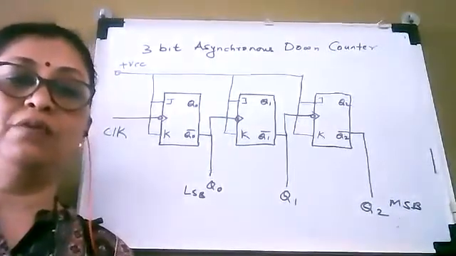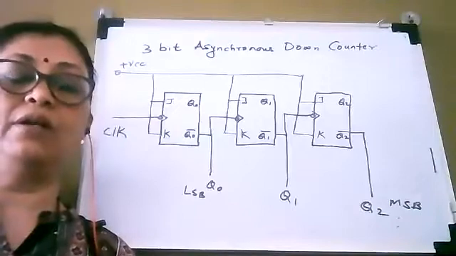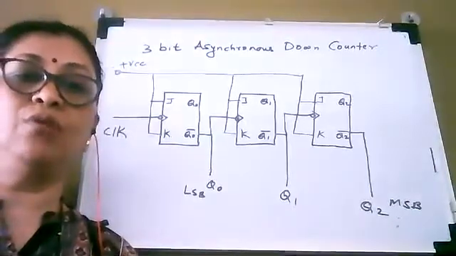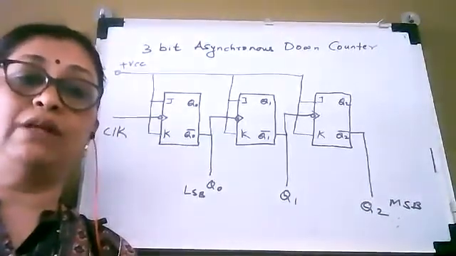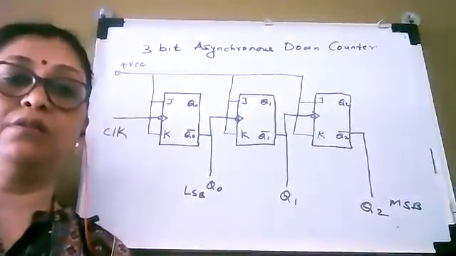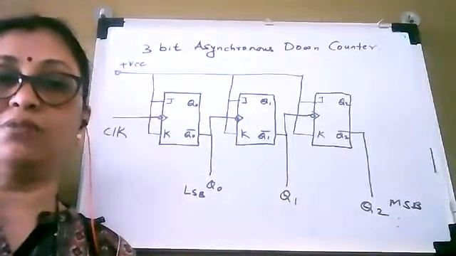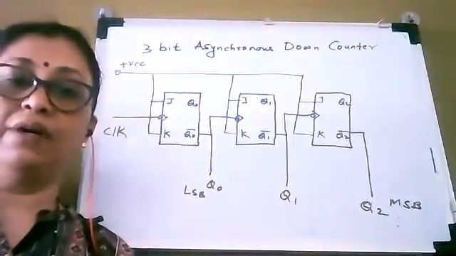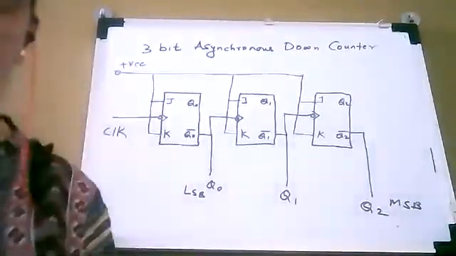So this is the basic difference. So when making a transition from one state to another state, the down counter will go from 0th state to 7th state. So 1 1 1 is its first state, as you can say. So let us verify its working.